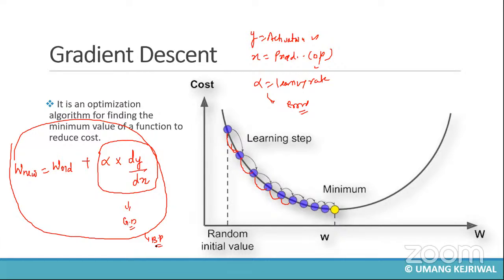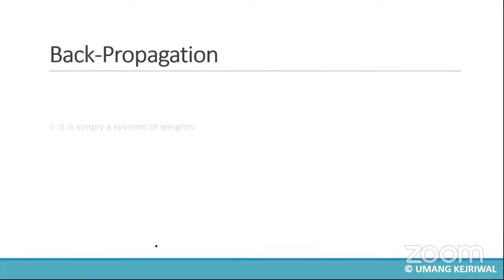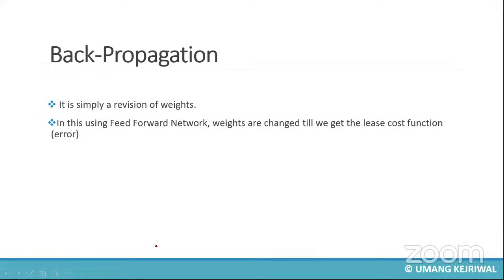Am I clear now? What is the role of gradient descent now? Okay. So that's all for this neural network.